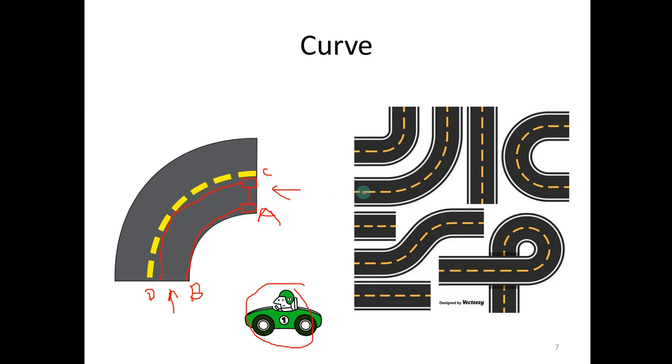If the two wheels could only turn at the same speed, then in this situation one wheel would tend to slip. So this is the reason why we require the differential system.